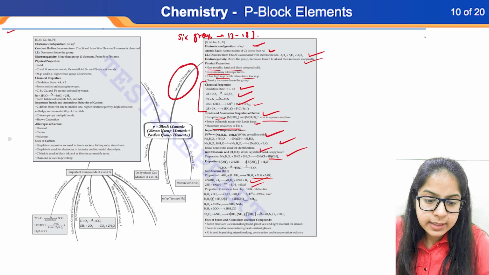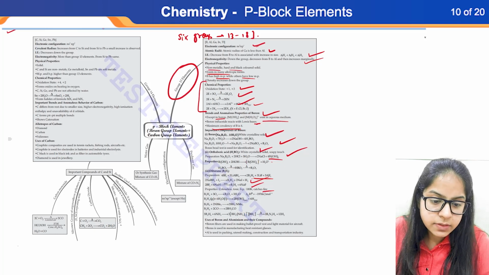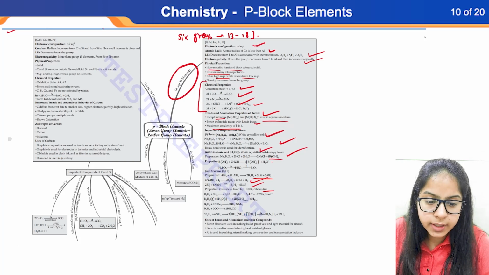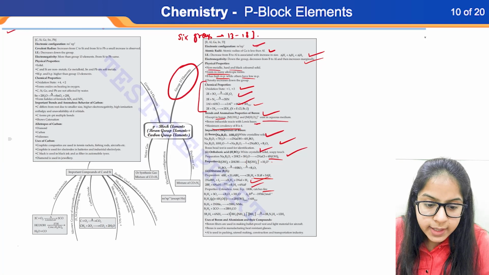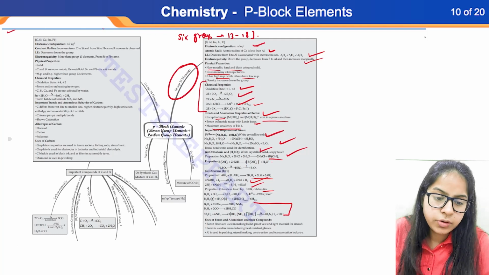Now this is a colorless, toxic gas, boiling point 180 Kelvin, and it catches fire. B2H6 on reaction with oxygen gives B2O3 and 3H2O. B2H6 on reaction with water gives B(OH)3, the orthoboric acid, and 6H2.